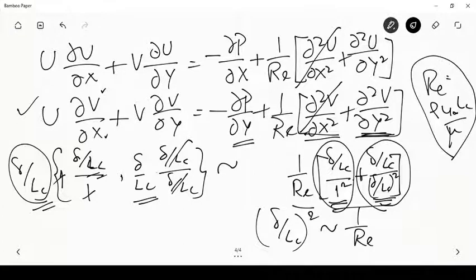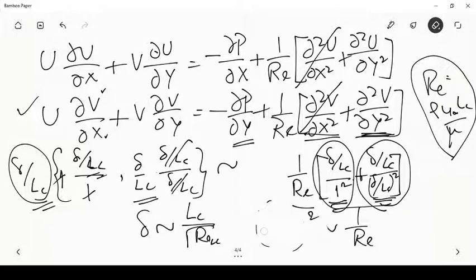So the delta is therefore going to be of the order of LC by the square root of RE. So delta is of the order of LC by square root of rho u infinity LC divided by mu. Let me clear this place and make space for the writing.